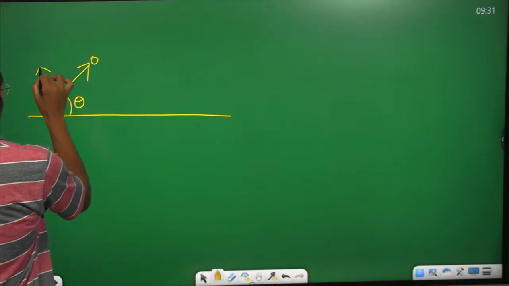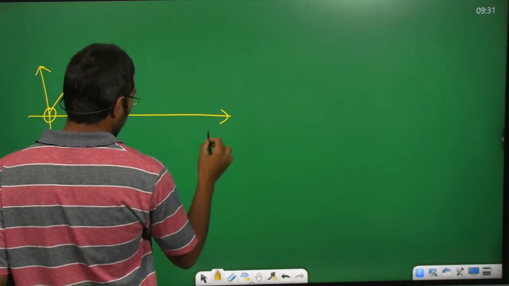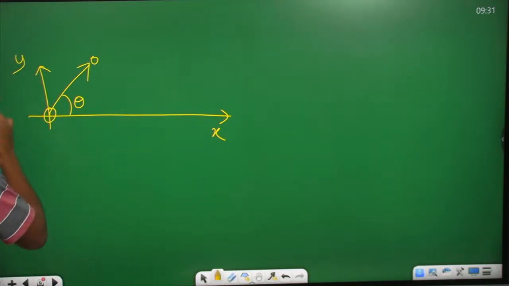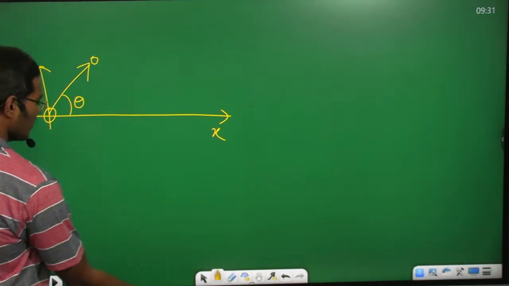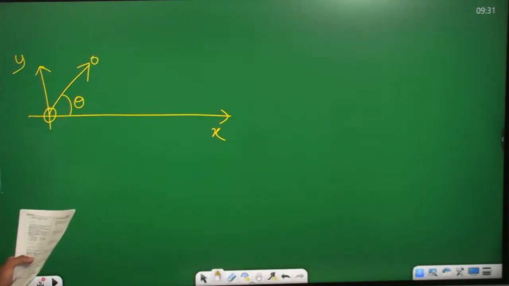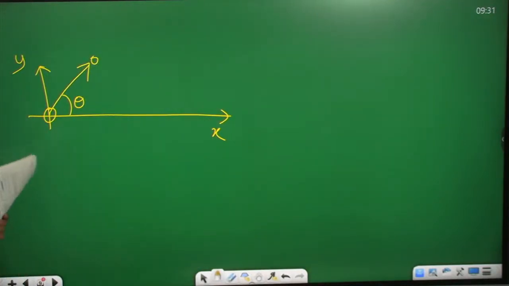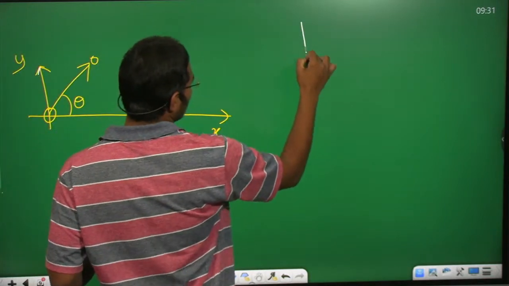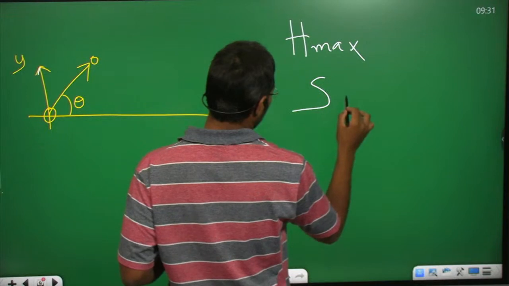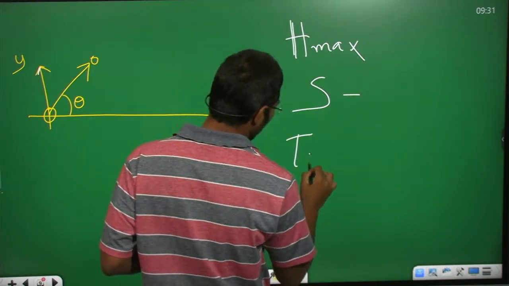So try to write all the formulas that you know about this projectile motion and check whether you are getting it right or not. Don't blindly copy. Try to write all the formulas. What is the formula for H max, maximum height reached, distance, range, time of flight?